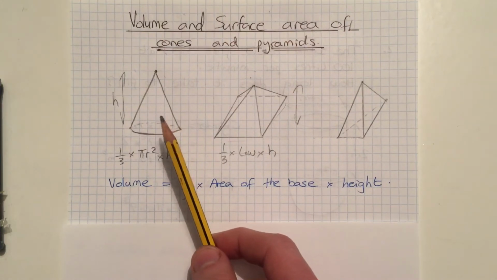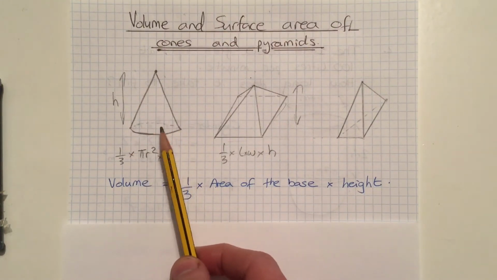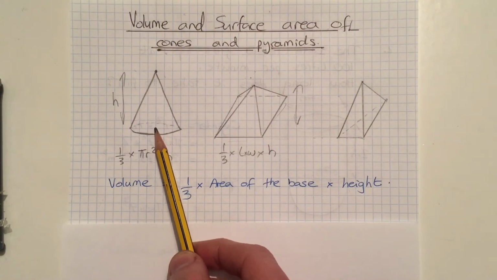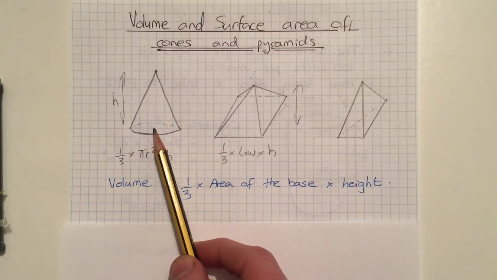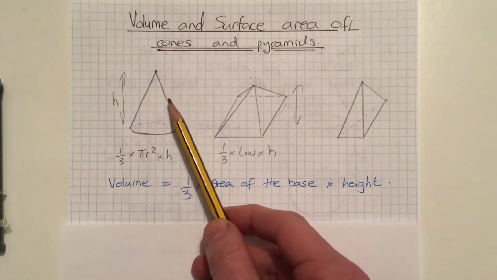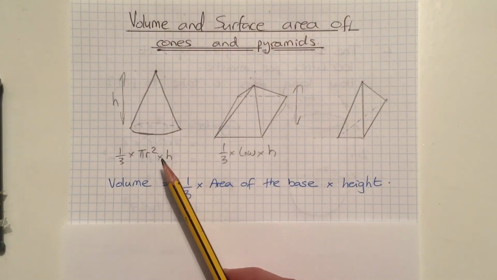The surface area of the cone, well, we know that the face on the bottom here is a circle, so we know that that's pi r squared. The only extra formula you need to know is how we work out the area for the curved bit that wraps around that circle.